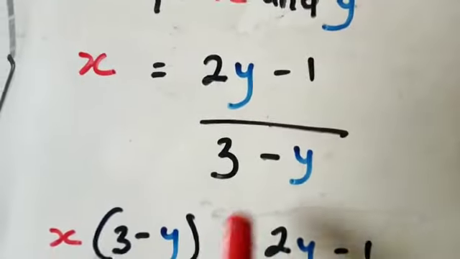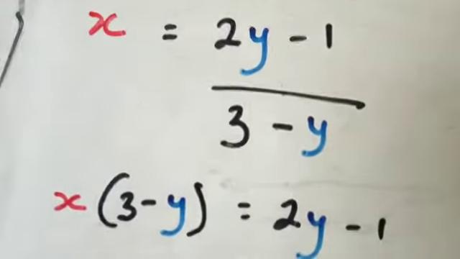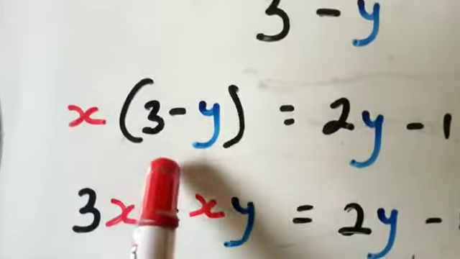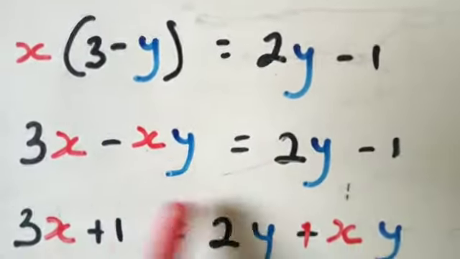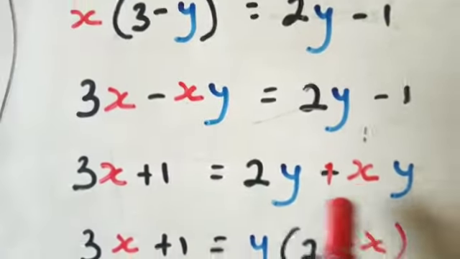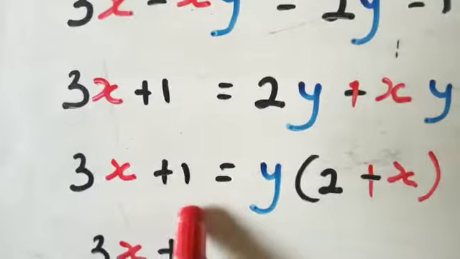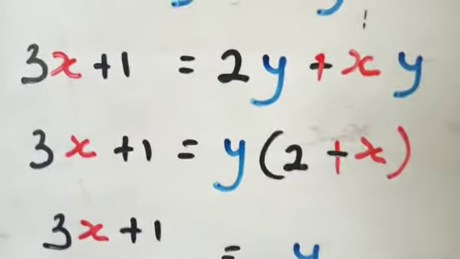Is that okay? So now you need to solve for y. You do the cross multiplying, and you get x times (3 minus y) is equal to 2y minus 1. When you do the calculation, you arrive at 3x plus 1 is equal to y times (2 plus x).